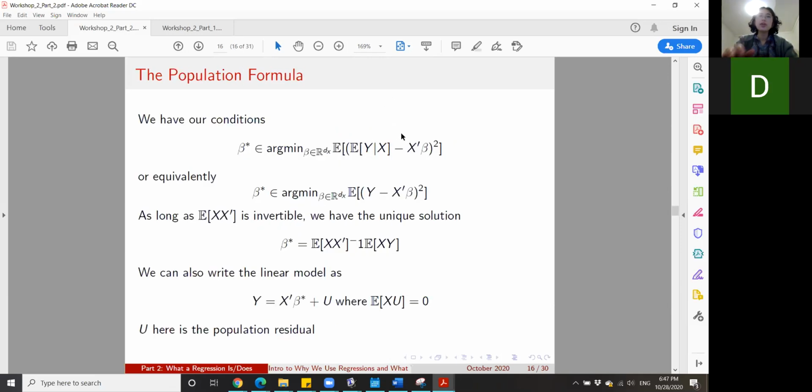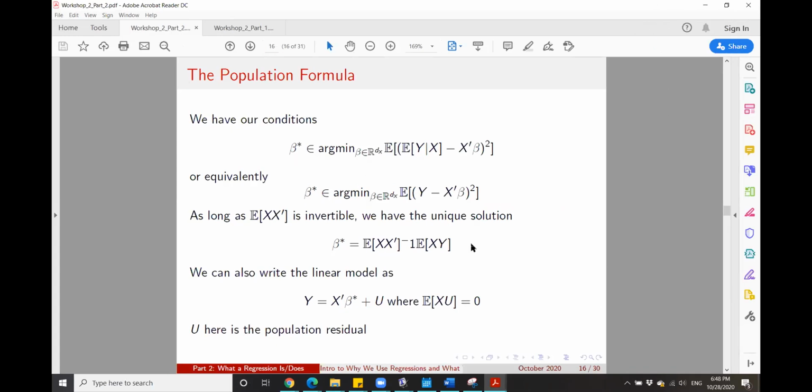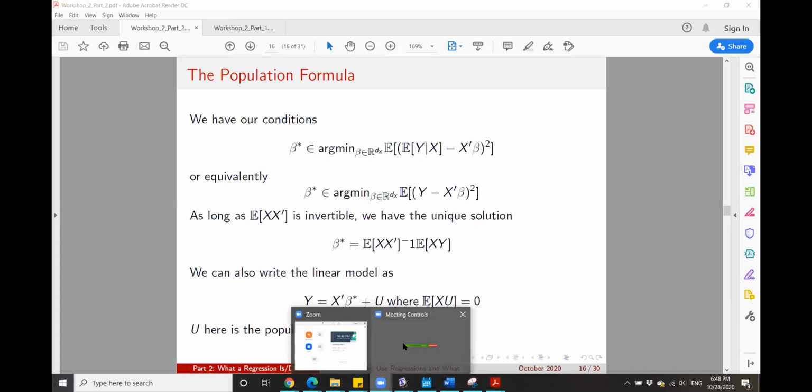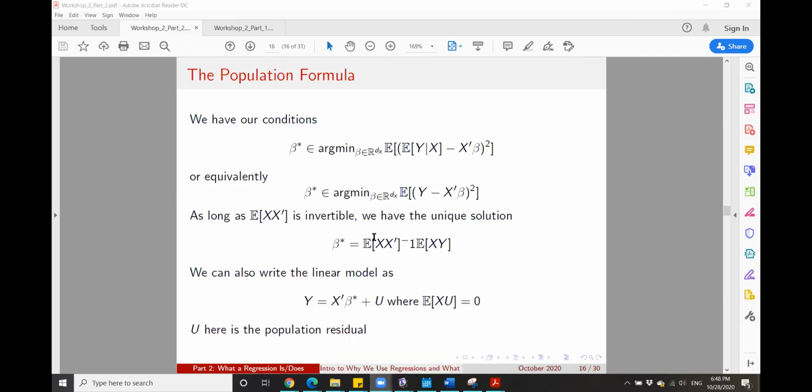Okay, so going back to what these formulas are. We have these two conditions, that we have beta star such that it's minimizing this. And as long as this expectation of x x transpose is invertible, you have a unique solution.